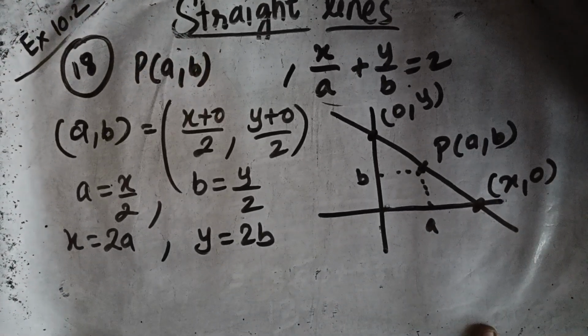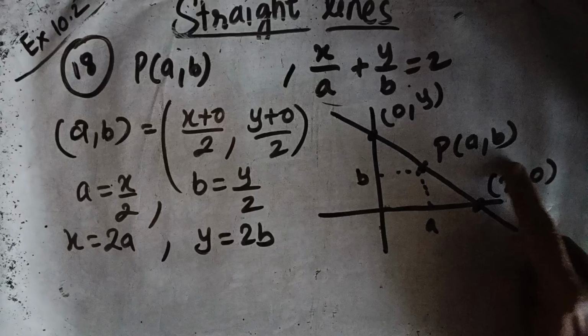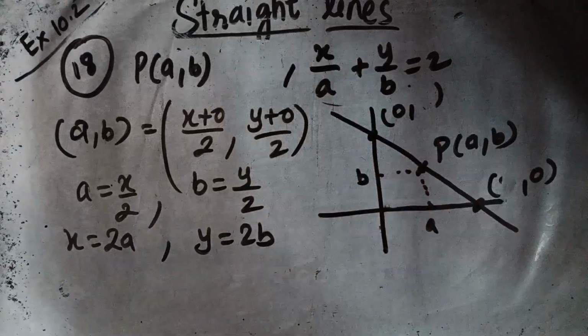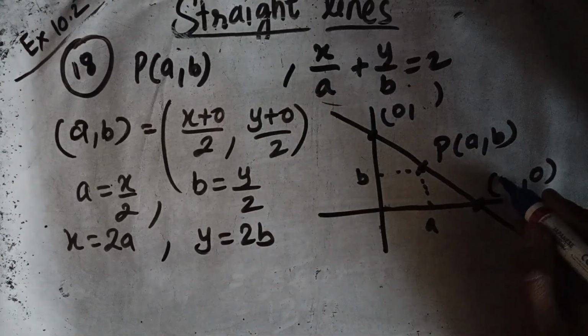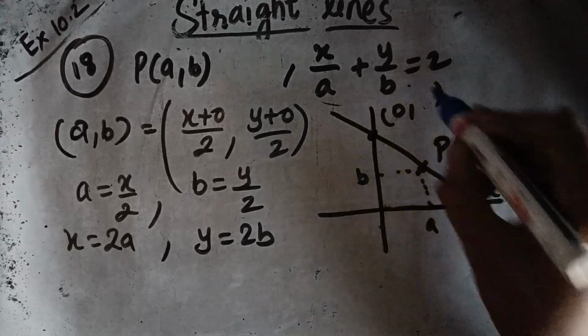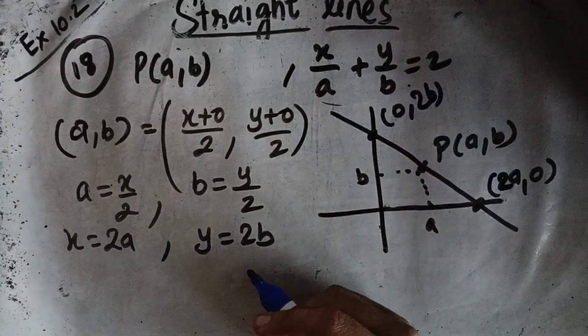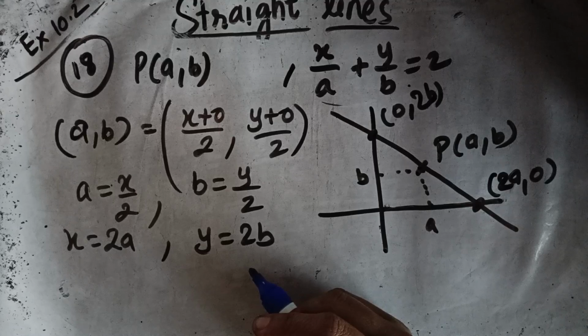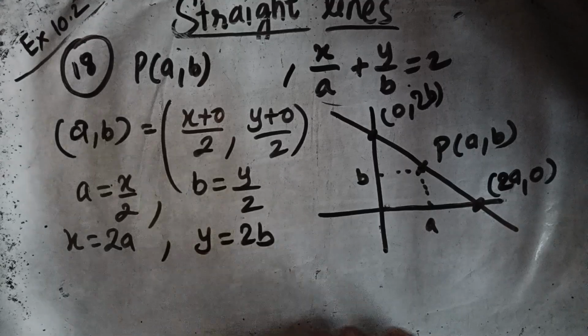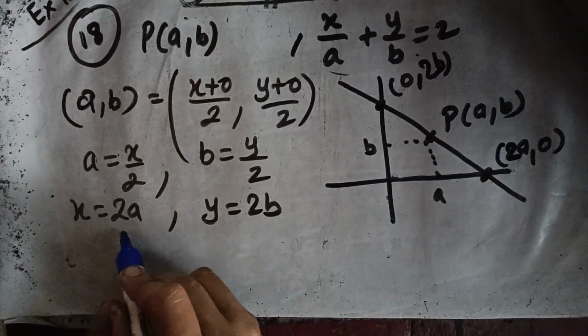One point is given. You have to show this equation. Now we can use the 2-point form also. Okay. So these points are there. This is 2A and this is 2B. So 2-point form, or you can use intercept form. Okay, I'll use intercept form.